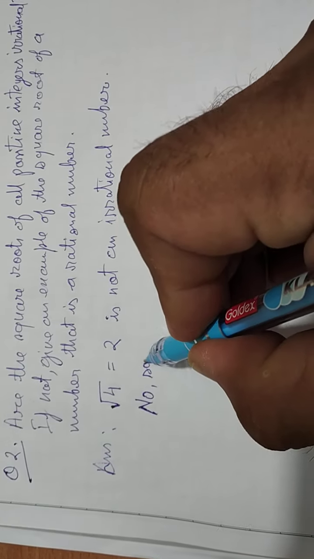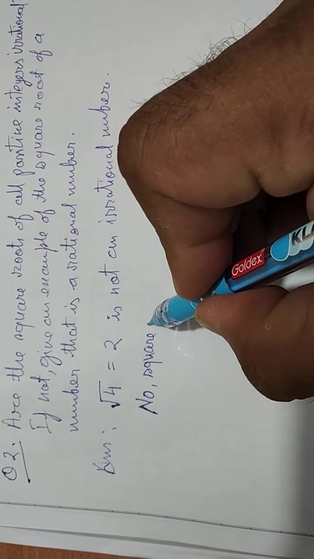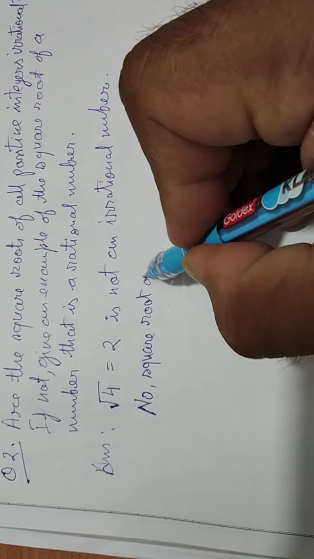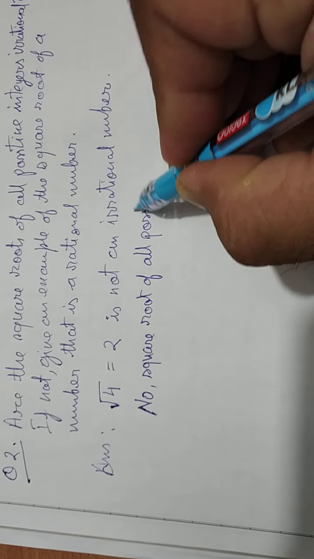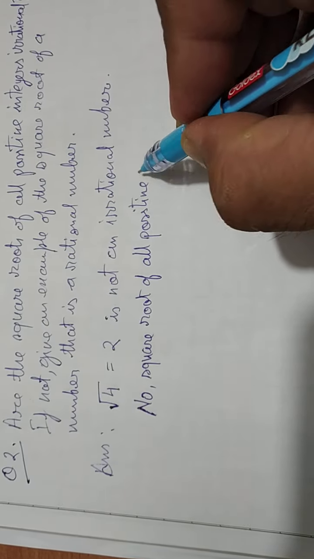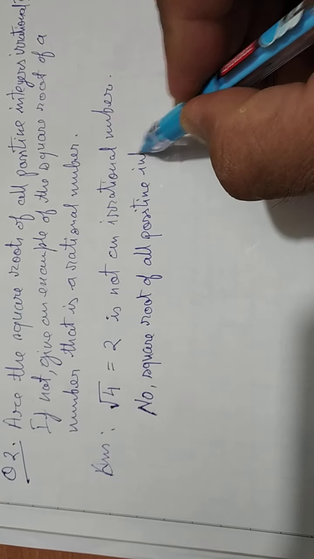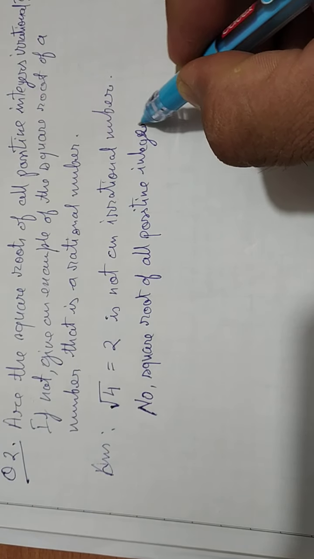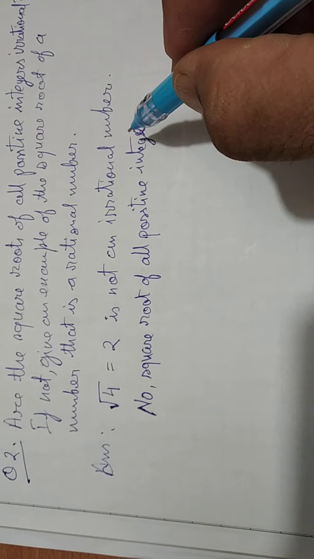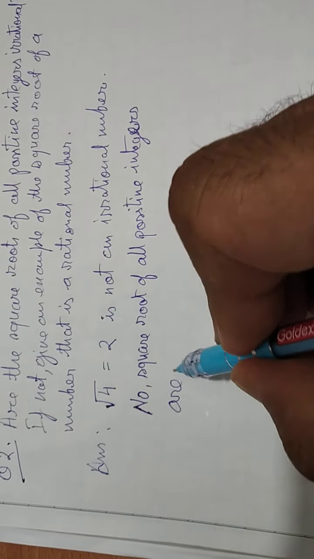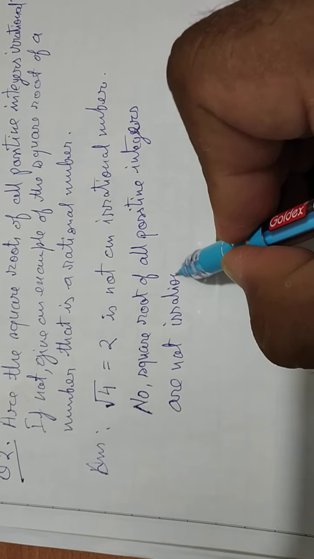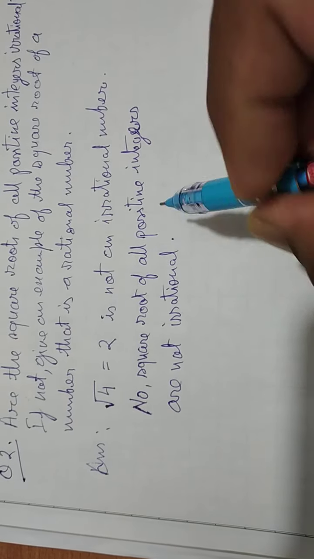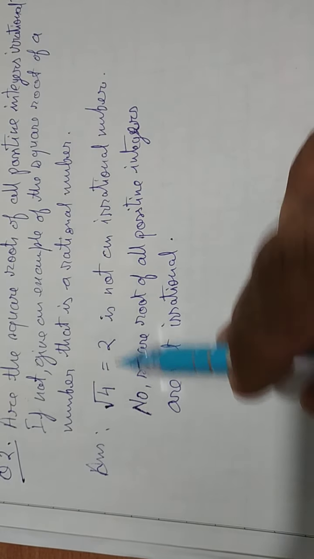Square roots of all positive integers are not irrational. An example, we have started with the example.